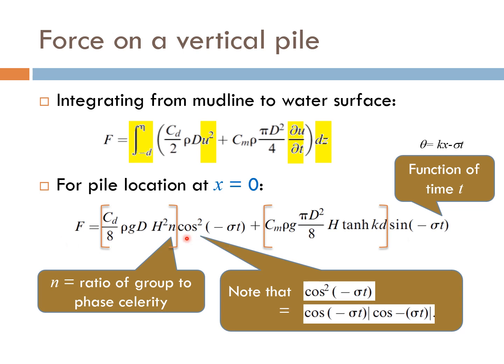Now we also want to take note that the cos squared term here actually means we have cos multiplied by the magnitude of cos. So the sign of the expression will be maintained by this part, whereas the other part only takes the magnitude, so that cos squared still will have a sign.